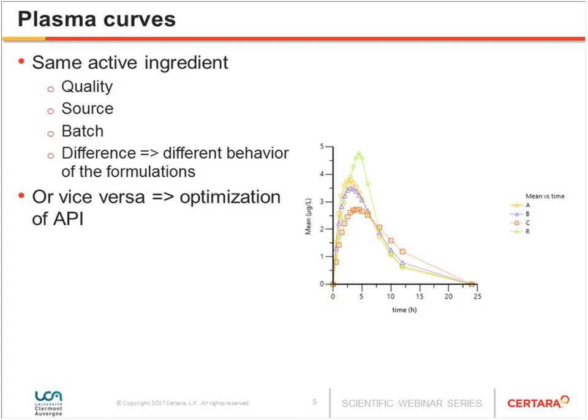A huge problem that you can have is to modify at the same time the formulation and the API, and in this case the problem would be that it's very complicated to distinguish between the formulation effect and the API effect. And very often it's easier to optimize the formulation than to optimize the API.